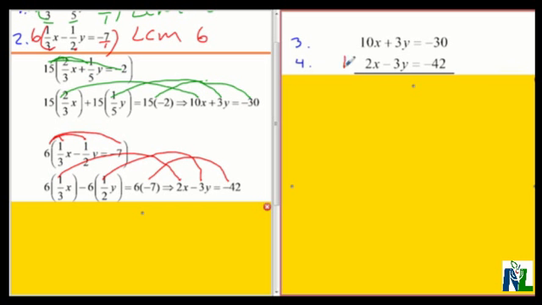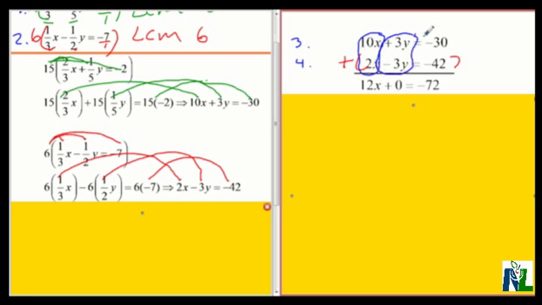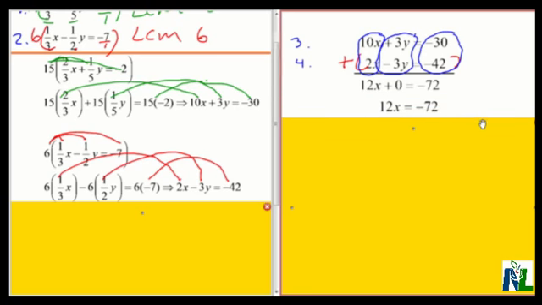So I'm going to add equations 3 and 4. 10x plus 2x is 12x. The y terms will add to give 0. -30 plus -42 is -72. So I get 12x plus 0 equals -72. 12x plus 0 is just 12x on the left-hand side, and I've got -72 on the right-hand side.